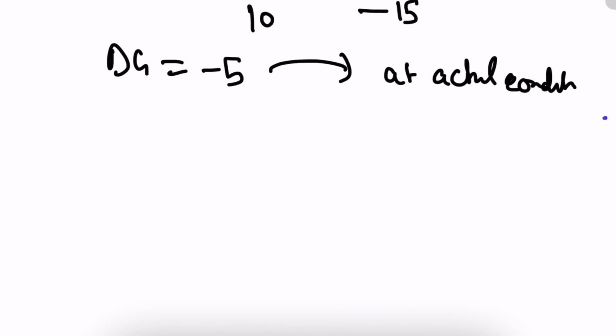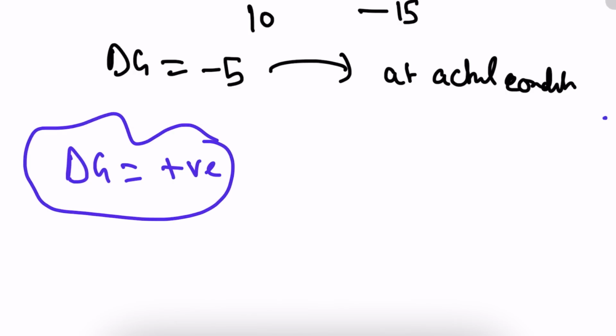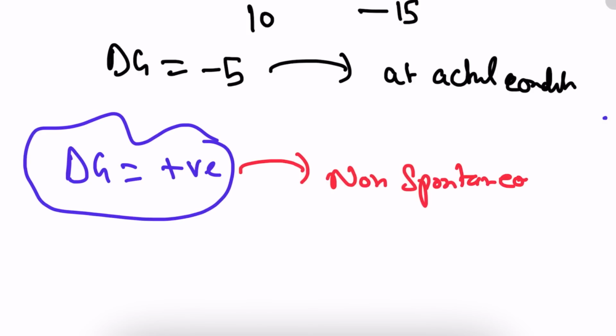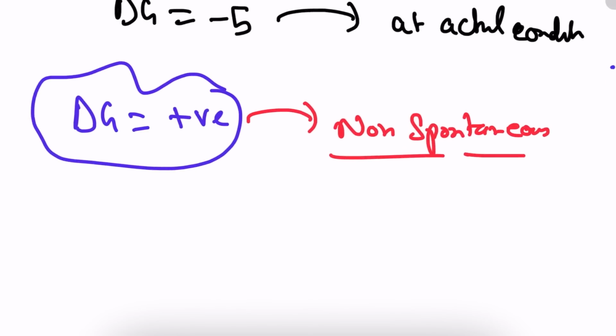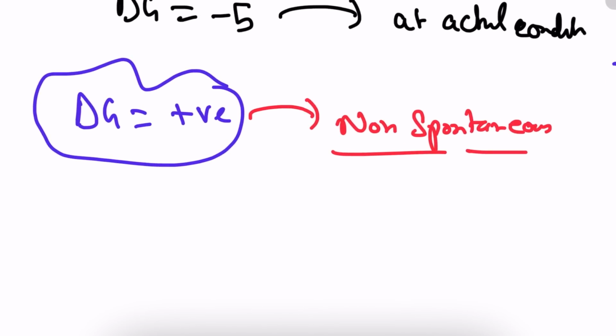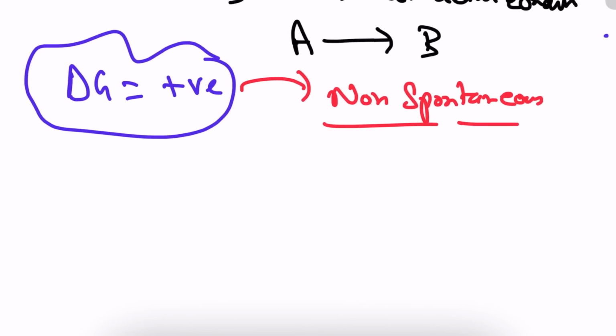Keep in mind that if the value of delta G is positive, the reaction is going to be non-spontaneous, meaning it is not going to occur in the forward direction. Let's suppose there is a reaction where A is being converted into B, and the value of delta G is positive, meaning that reaction is non-spontaneous.